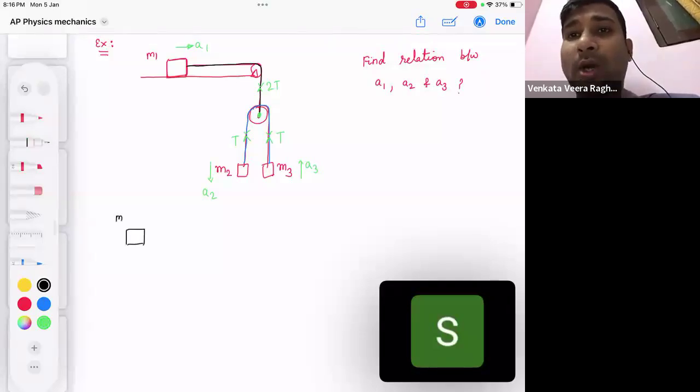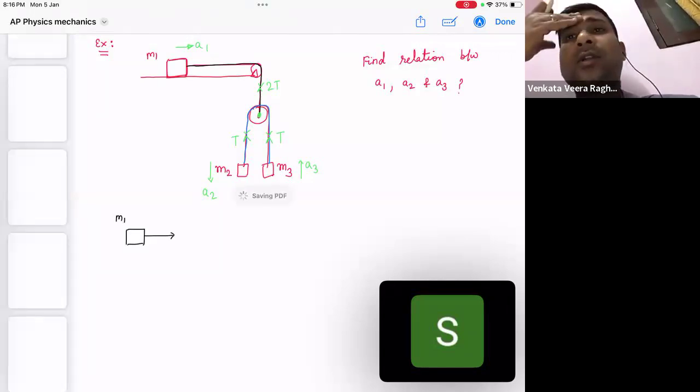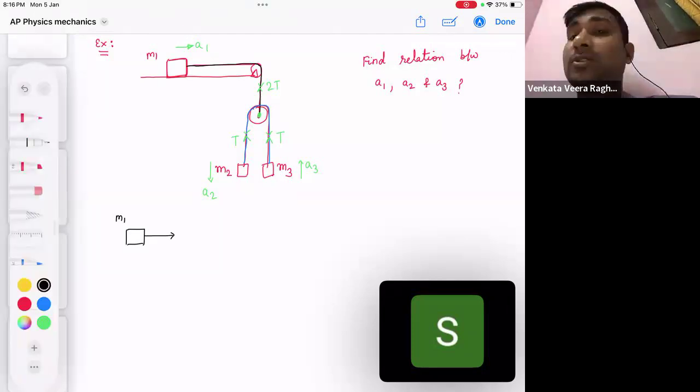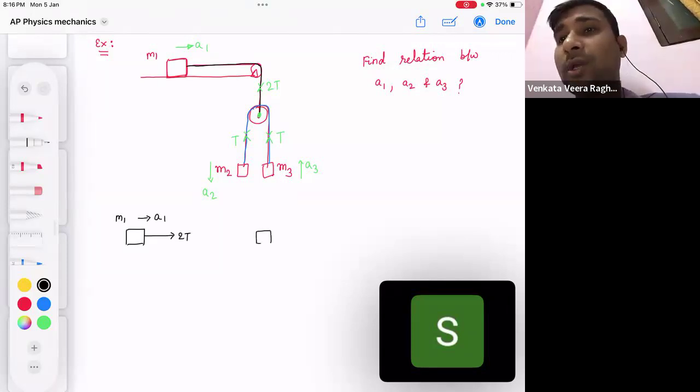Now look at the blocks. M1 block: what is the tension? 2T, isn't it? The M1 block is connected with the black string, which has tension 2T throughout. What is the acceleration? A1. M2 block: tension T upward, acceleration A2 downward.